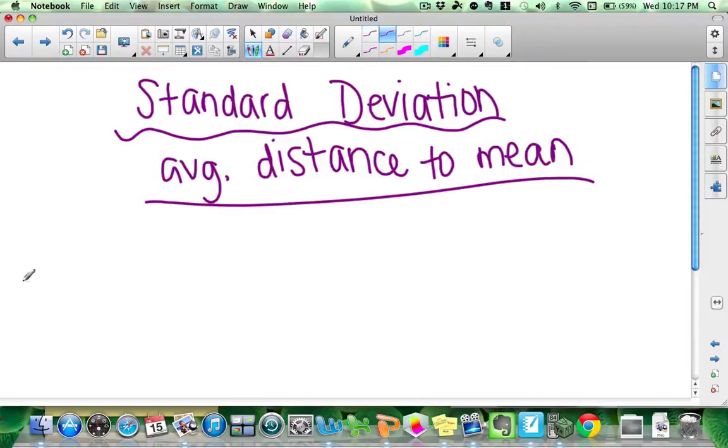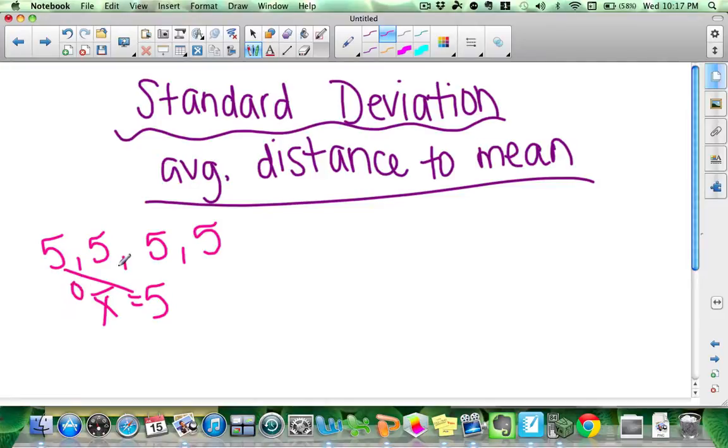My first example is the data set 5, 5, 5, 5. It's not very interesting. What is the mean of 5, 5, 5, and 5? Well, I can add them up and divide by 4, and not surprisingly, I see that the mean is 5. Now, how far is this observation from the mean?